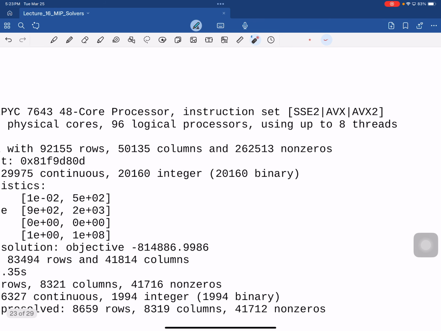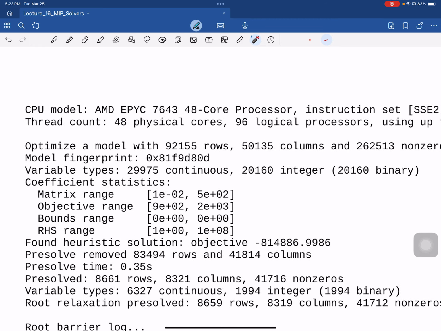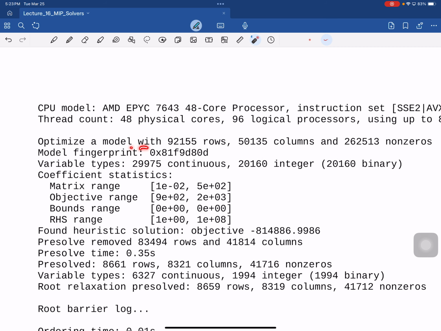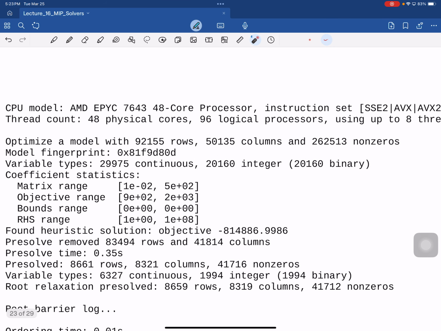And because we specified we are only using 8 threads, because I told you usually using 8 threads is a good number, okay? Now, it will first tell you the size of the model: the number of constraints, the number of rows, the number of columns, which are the number of variables, and the number of non-zeros in the problem.